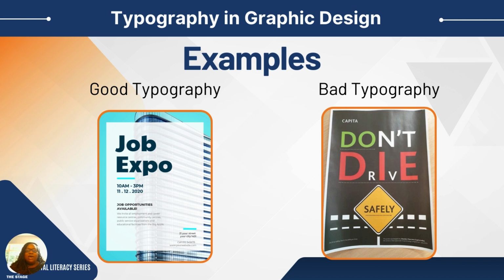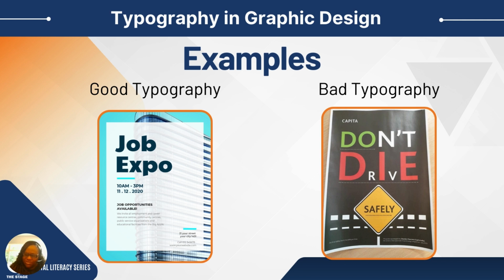But on the right hand side, we have this flyer. Now they use color, right? So they have DO in green, but the N apostrophe T is in white. And then they have DIE in red, but the R and the V are smaller letters and they're in white. So my eye first goes to the DO and the DIE part. Why do I want to do die safely?